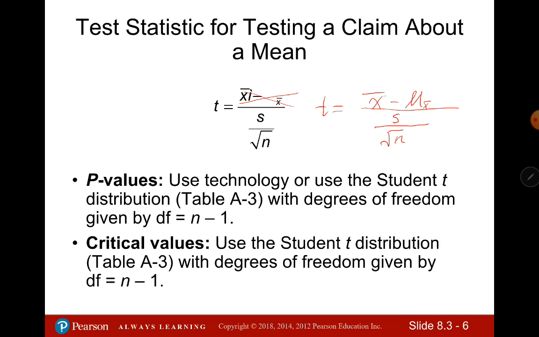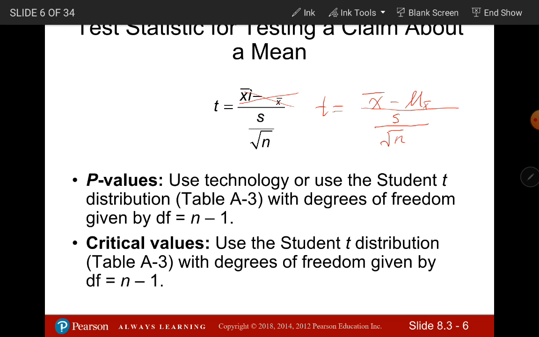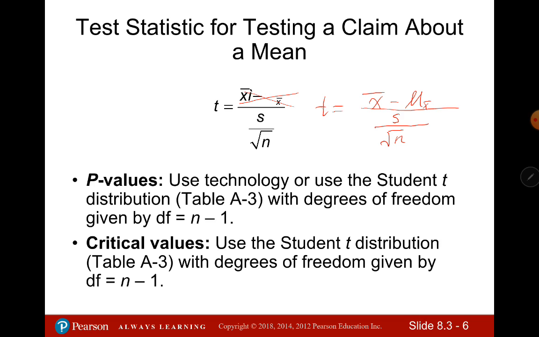The first term will be the sample mean, x bar, and the second term will be the population mean, mu. Of course, we can still use the p-value method and the critical value method to do the test and draw the conclusion.